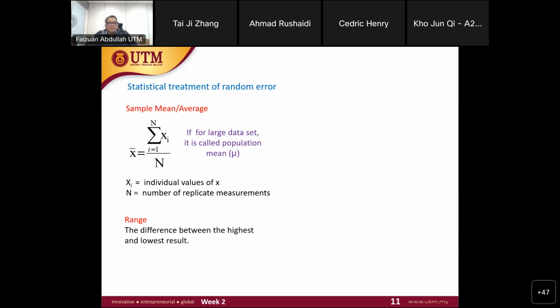So xi represents the individual values of x, the sum of the individual values of x, divided by the number of replicates of the measurement. And the range is the difference between the highest and the lowest result.